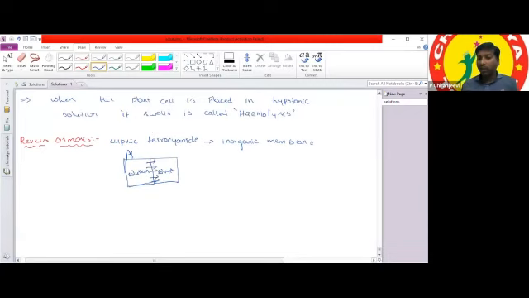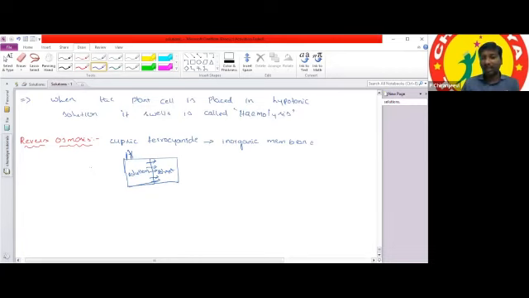This is called reverse osmosis. So reverse osmosis is the process in which, when more pressure than the osmotic pressure is applied, solvent molecules move from the solution into the solvent through the semi-permeable membrane.